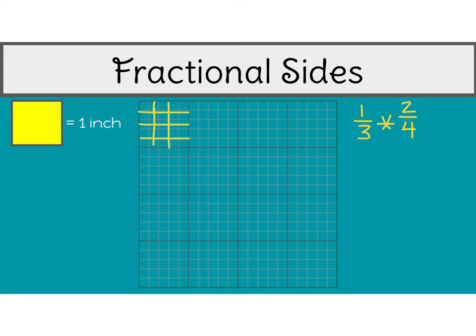Now I'm going to go back and shade what 1/3 would be. So this would be 1/3 shaded in this direction. And then I'm going to shade 2/4, so this would be 1/4, 2/4.